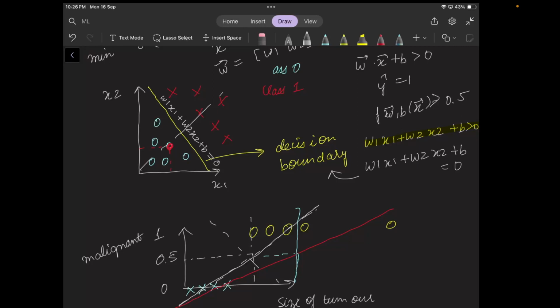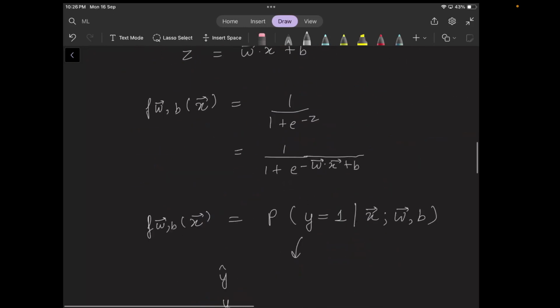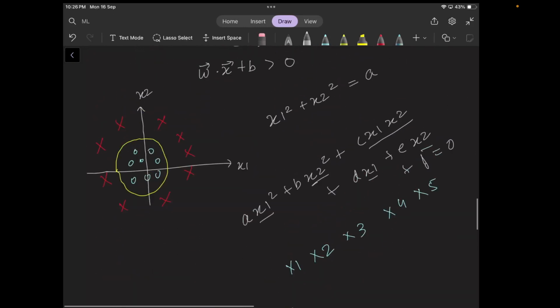Okay, so in this case, you're essentially trying to just say the decision boundary would be perpendicular to the linear regression thing, but as you already saw, we can have such kind of classes, and in this case we have more complex decision boundaries, and a simple linear regression would not be able to fit this kind of case.